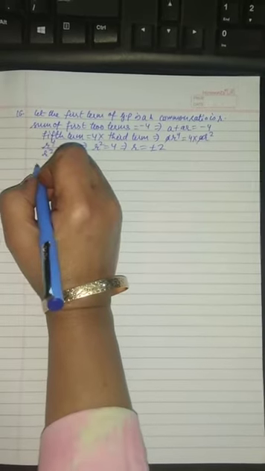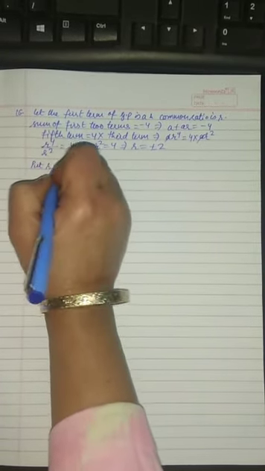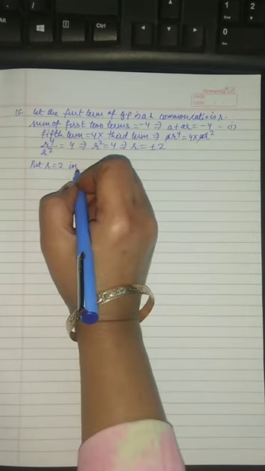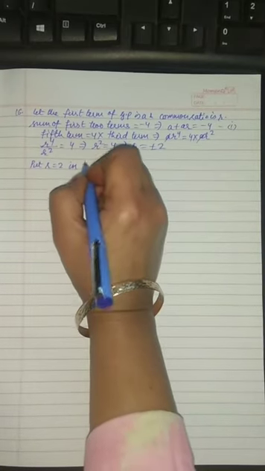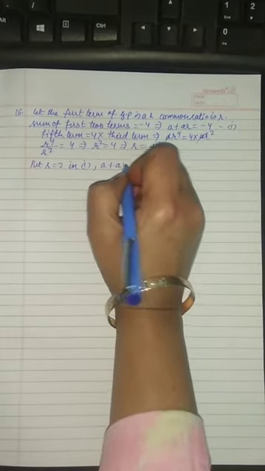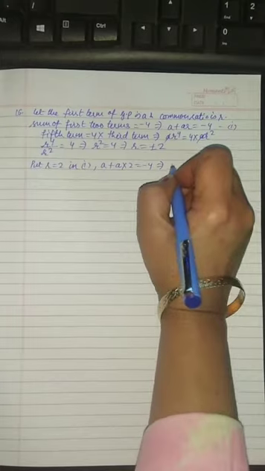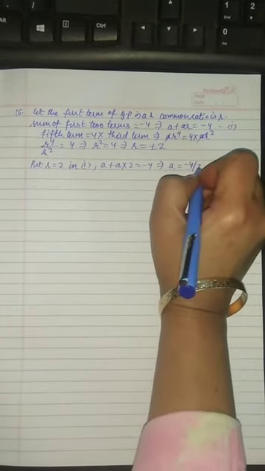Now we will find the value of A. Put R is equal to 2 in equation number 1. So we will get A plus A into 2 is equal to minus 4, so A will be minus 4 by 3.